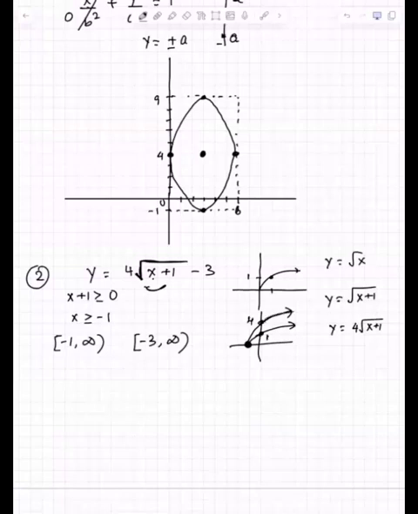Okay. The graph. And then finally, what are we doing? We're bumping it down by 3. So the graph's going to look like this. -1 stays, and 4 will come down to 1.